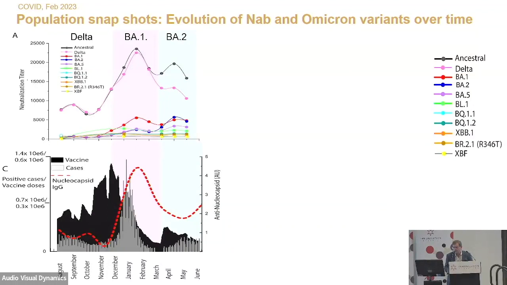The other lines are the various variants from BA.1 through to XBF of the Omicron lineage. You can see, as I've shown you before, there is a significant hit taken to the neutralization capacity, but all the Omicron variants are within a relatively narrow band of each other.